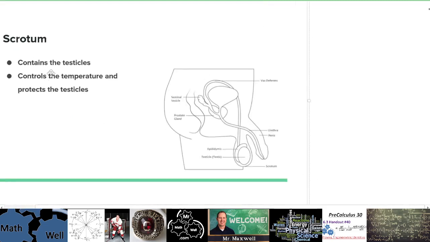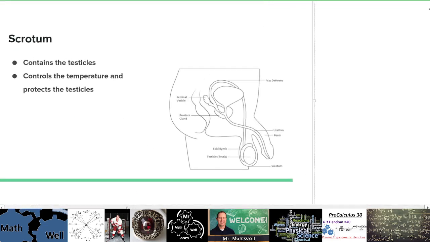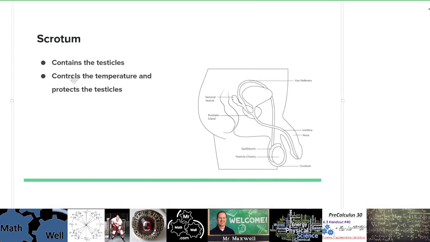All right, let's take a look. First things first, the scrotum that I just mentioned down here. Okay, so the scrotum contains the testicles, controls the temperature, and protects the testicles. Okay, so one of the reasons why the male reproductive system is a little bit more external is because of the temperature regulation.